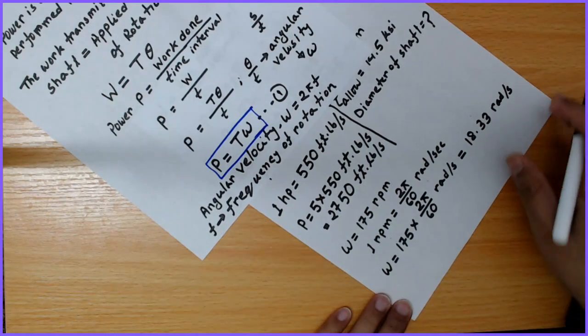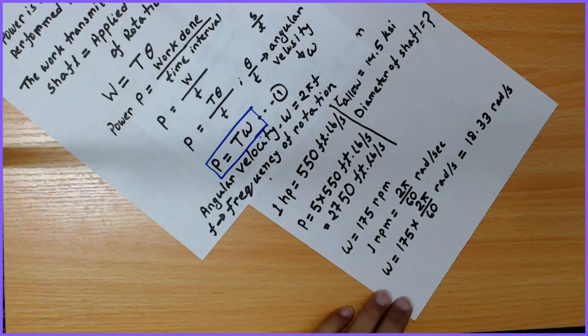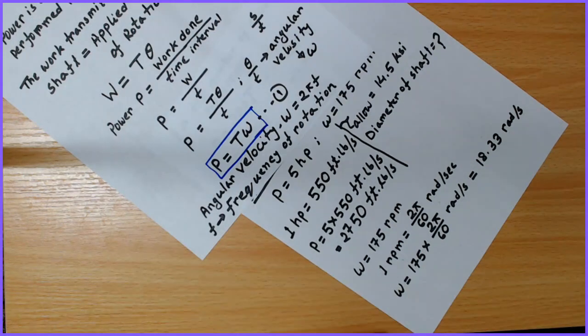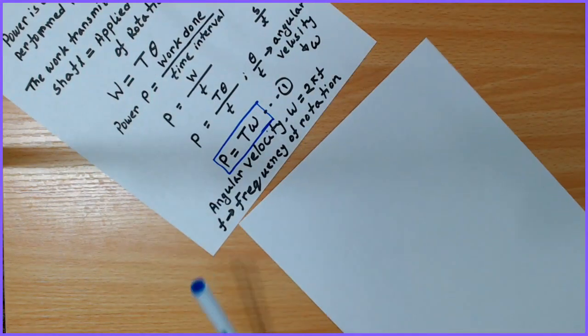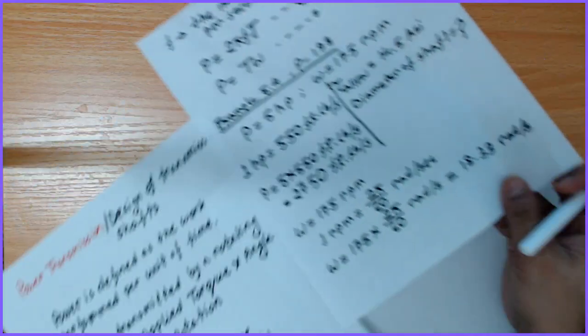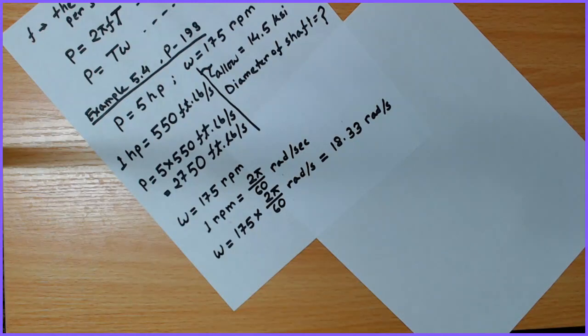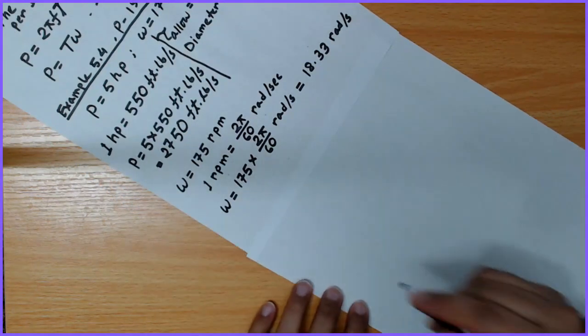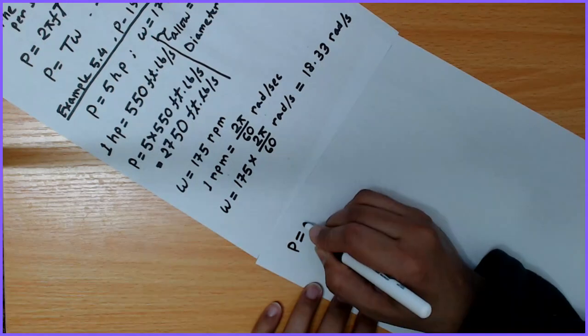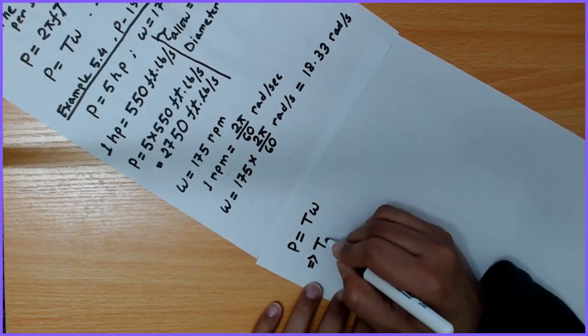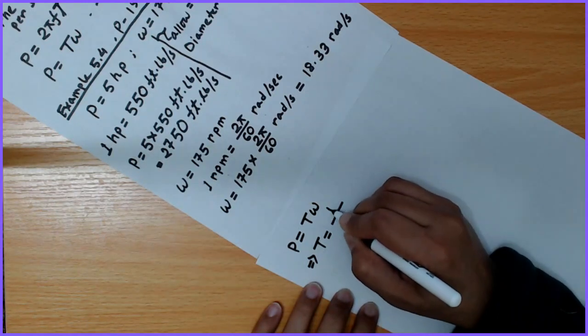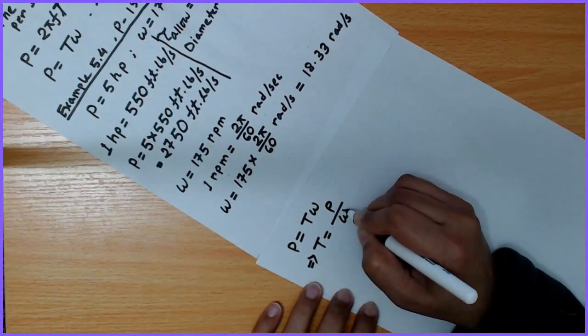If we rearrange this, we can write T is equal to P by omega.